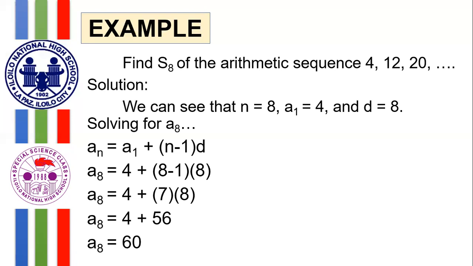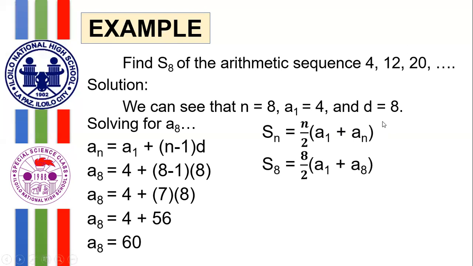And since the last term is known, we may now use the shorter version of the formula. So replacing all n's by 8, you will have S sub 8 equals 8 over 2 times a sub 1 plus a sub 8. I hope you're getting this so far. We see that I substituted a sub 1 with 4, and a sub 8 as 60.